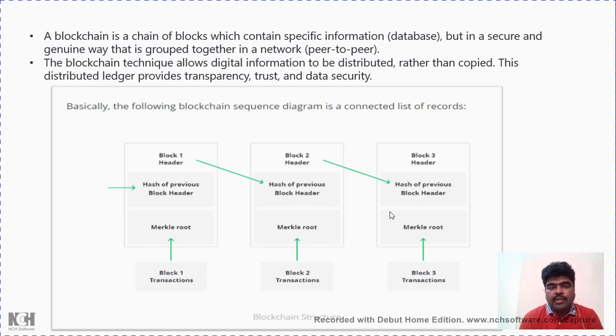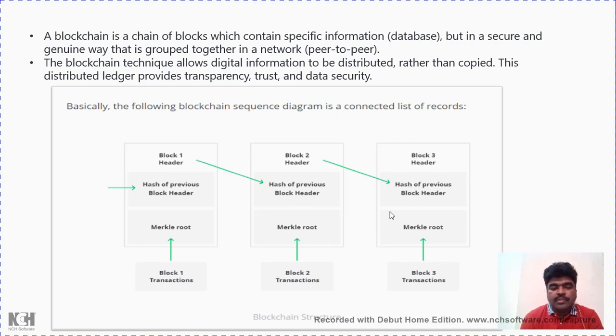Each block is linked together based on the header or the address of each block, starting with the genesis block and ending with the end block. In between, all the blocks will be linked together.